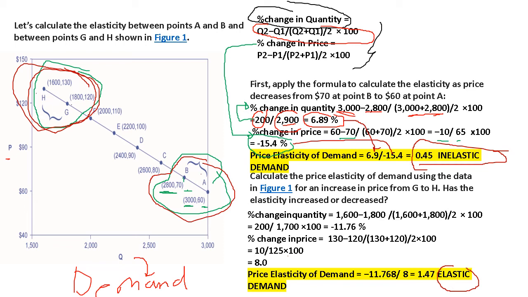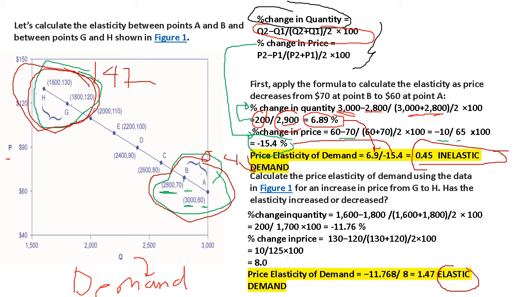While G to H is 1.47. This shows that price elasticity of demand changes at different points along a straight line demand curve. So that is the interpretation.